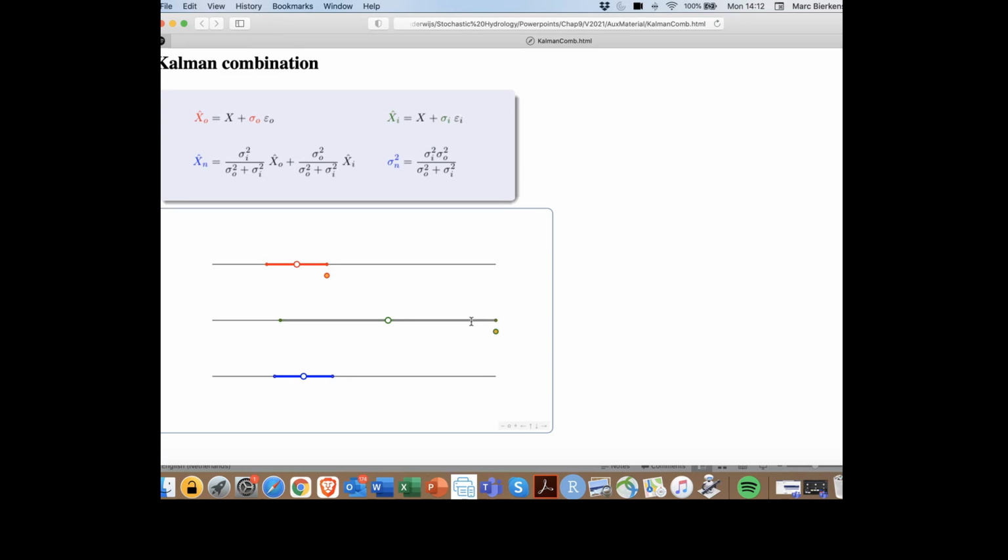Or the other way around: if this variance is going to be very small, you see that the prediction goes close to the green one. And if the variances are approximately equally large, you can see that it's somewhere in between the two.